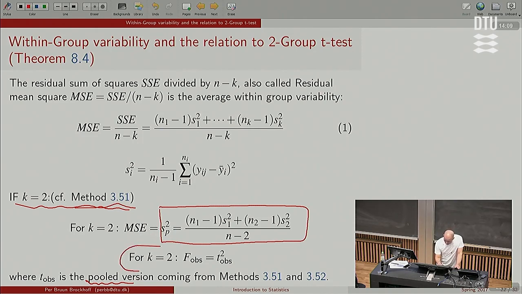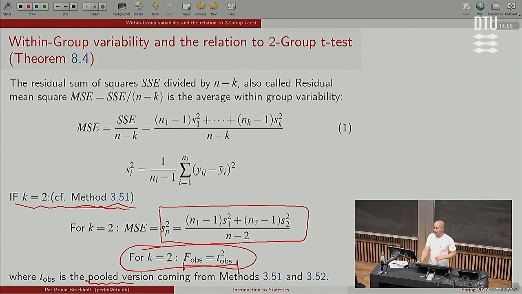that the F statistic that I just taught you, if you apply that in a 2-group case, because you can do that. The purpose of the whole F and ANOVA is to deal with multi-group cases, but you can use it for the 2-group case if you want. And there is a mathematical exact relation between the F test that I gave you and the pooled t-test from back then.